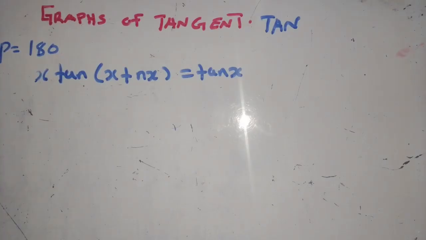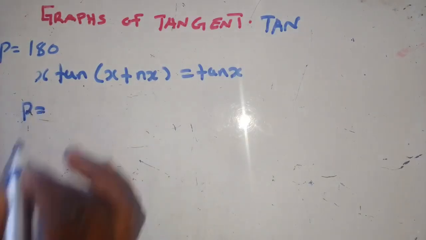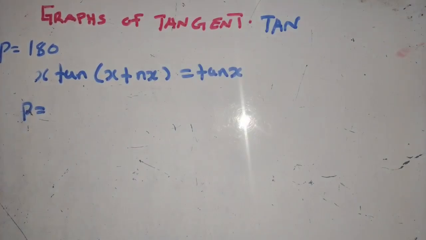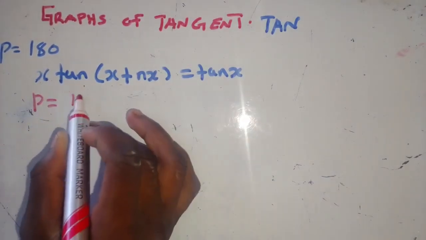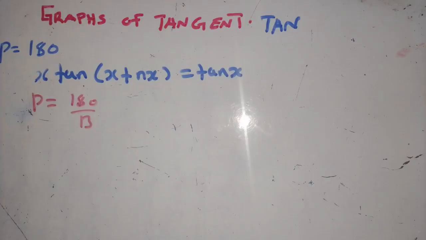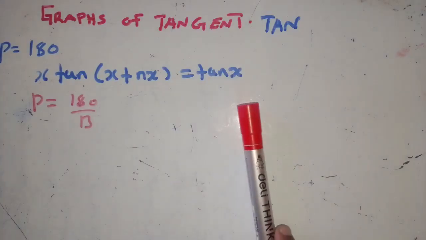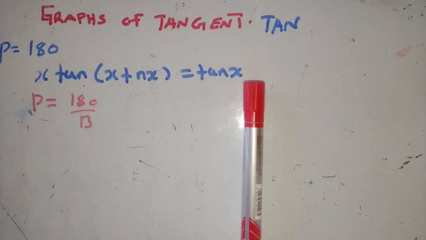The period for graphs of tan is given by the formula: period is equal to 180 over b, where b is the frequency.